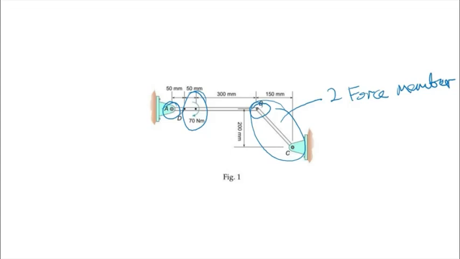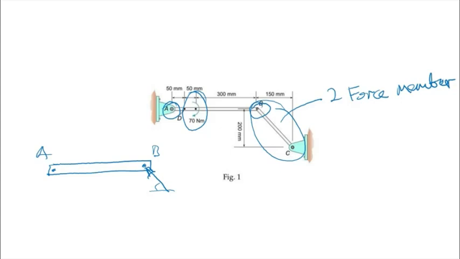But for AB, if you draw the free body diagram of AB, you have A and you have B. Because AB is not a two-force member, you don't know the direction of the force at A. But because BC is a two-force member, we know the direction of the force, so we know that force and we know the angle, whether it's the horizontal part or the vertical part.